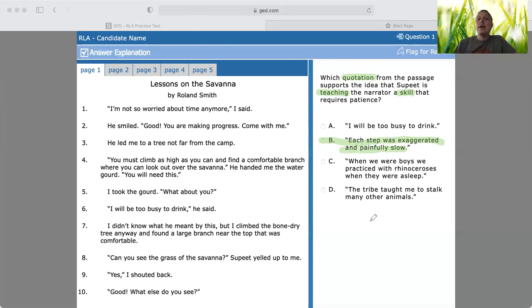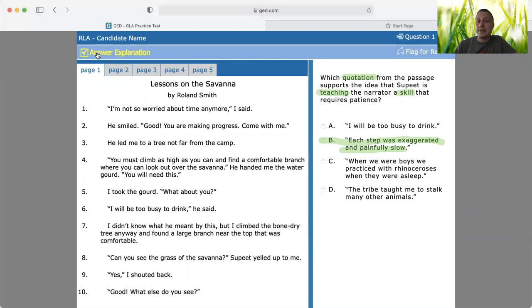The steps that they were proceeding with as they were stalking the animal, they were going slowly behind the animal, and that is a teaching. The other 3 are things that Supit, the teacher here, is talking about, but the steps are teaching steps to his student.